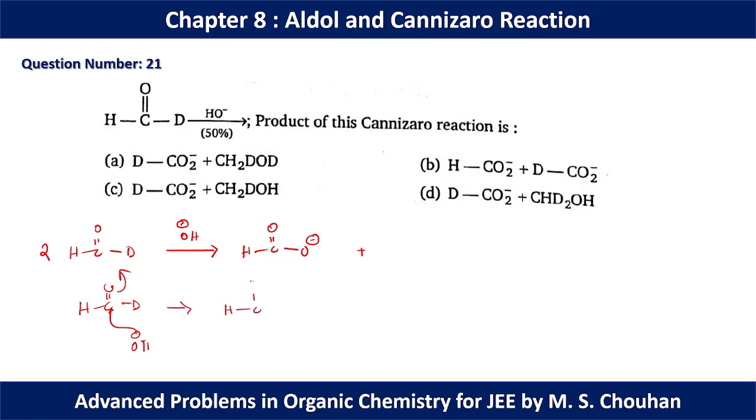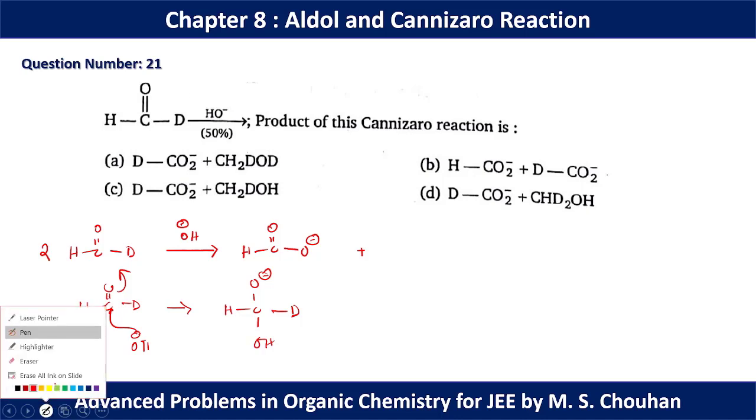So this kind of intermediate we are going to form, with OH and D. Now when this O minus is coming to form the pi bond again, there are two possibilities.